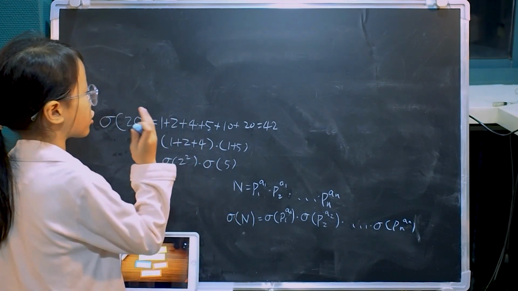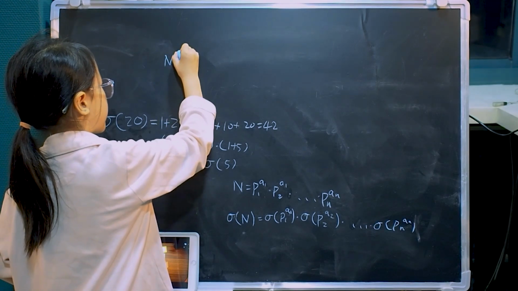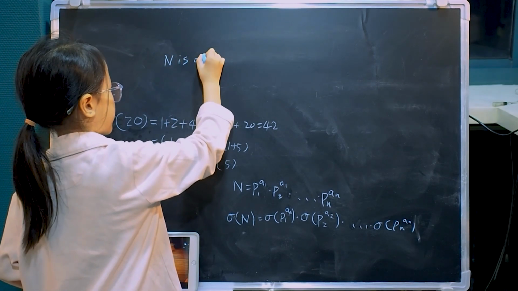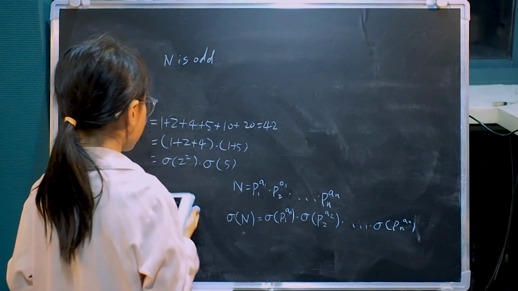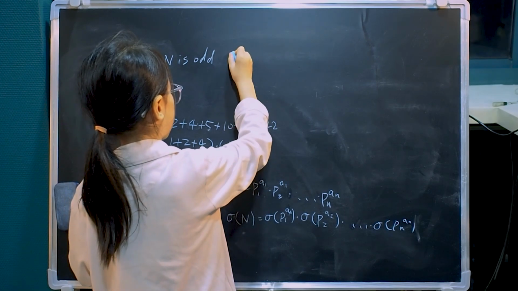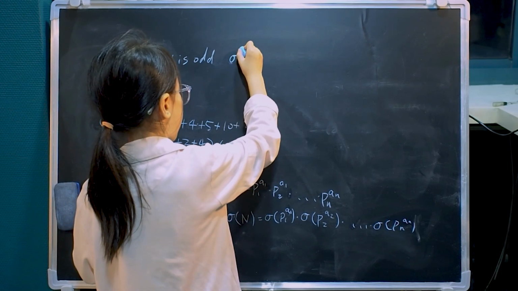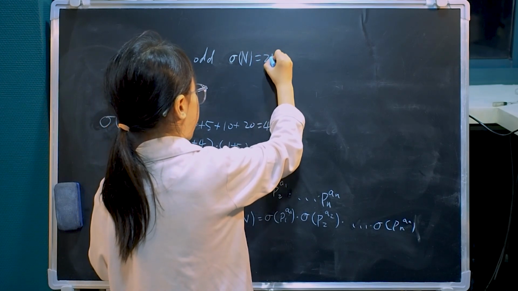So actually we know two things: first, n is odd, and the next thing is sigma n is equal to 2n.